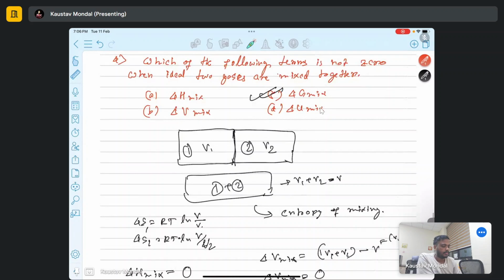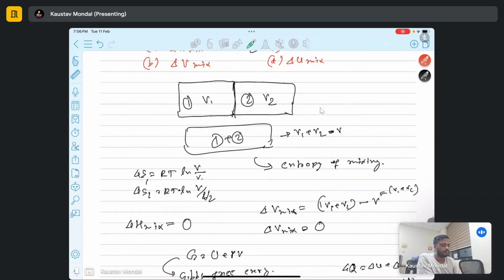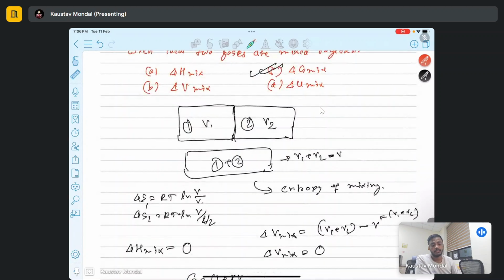First we consider delta H mix. Delta H mix gives the heat change in the system. If heat is absorbed or released because of the mixing, then delta H mix will not be equal to 0.